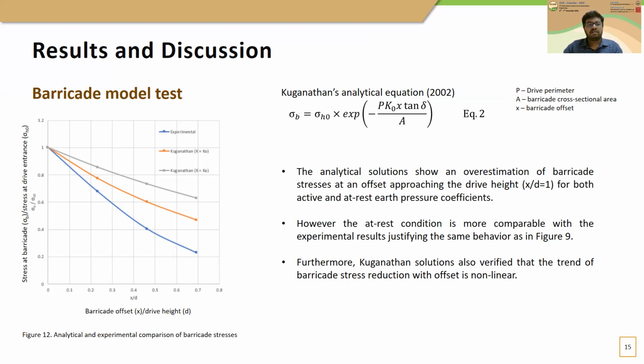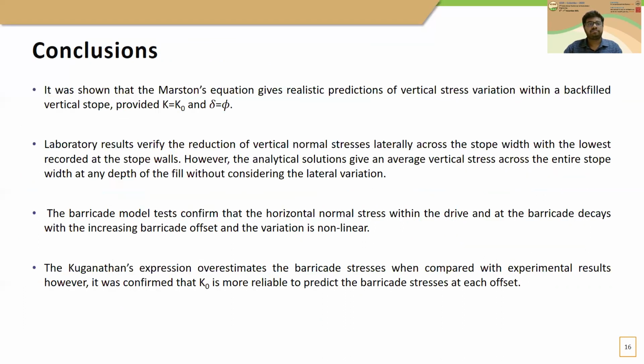However, the at-rest condition is more comparable with the experimental results, justifying the same behavior as in figure 9. Furthermore, Puganathan's solutions also verified that the trend of the barricade stress reduction with offset is nonlinear.